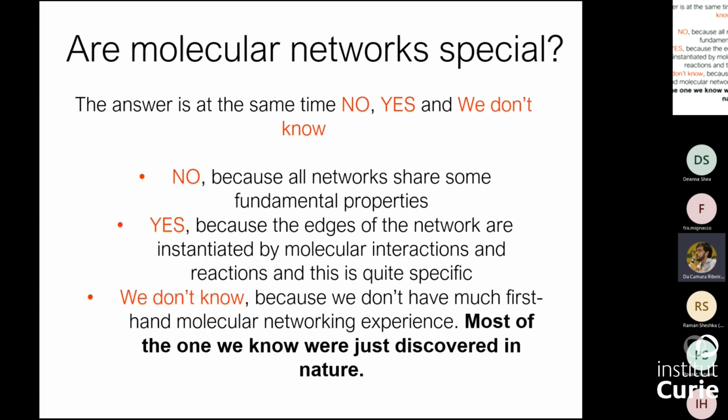And then you can also say we don't really know, because we don't have much experience building this kind of molecular networks. Most of the ones we know come from biology. They are the ones that I introduced just before, for example. So maybe to better answer this question, we will need to try to build more of them.